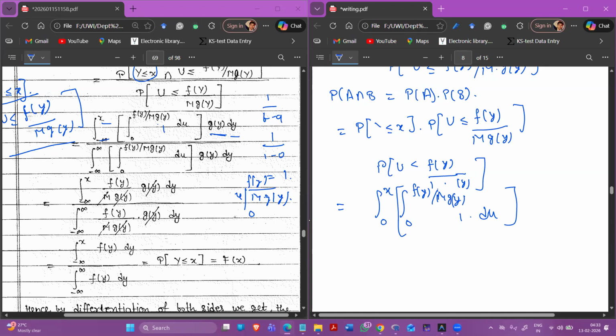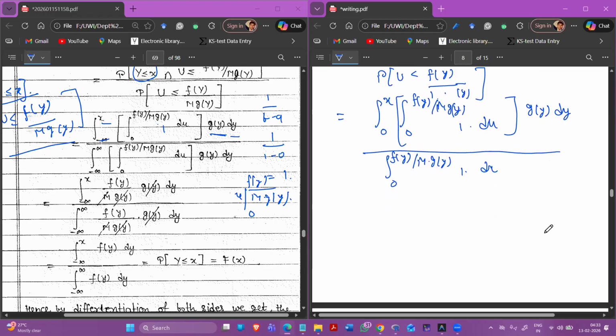First you need to solve it because here also Y is involved. If two integrals are there and Y is involved in this one also, first you need to solve this integral. Correct? gY dY divided by the integral over the range of 0 to fY divided by M into gY of 1 dU. So what will it be when you solve this integral? Integral of 1.